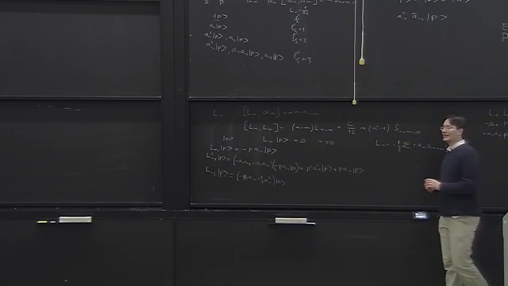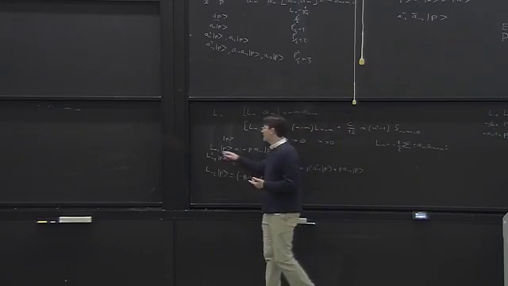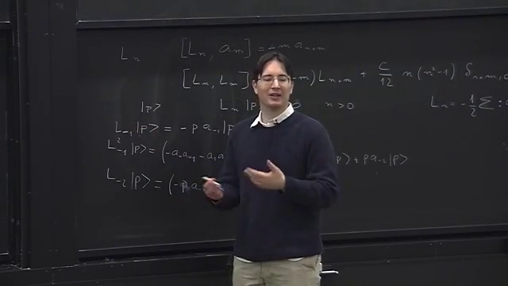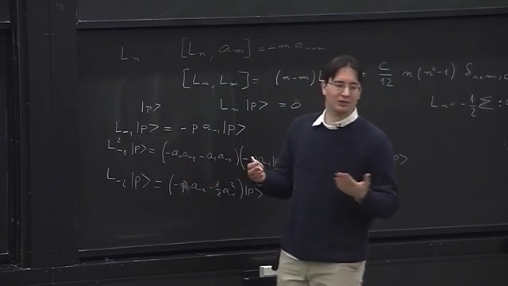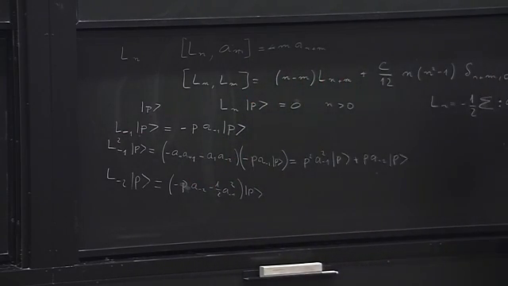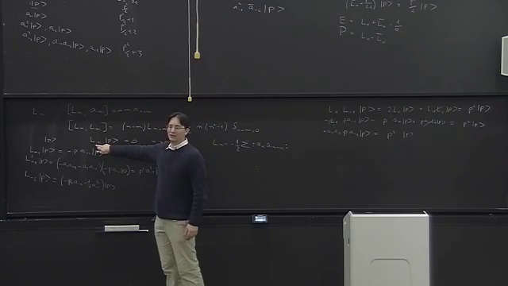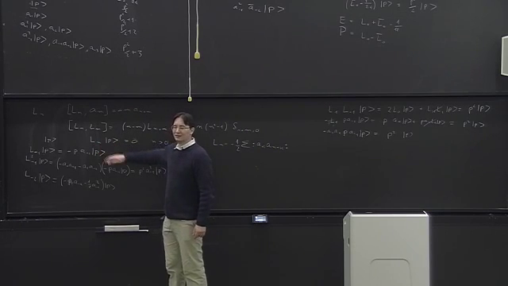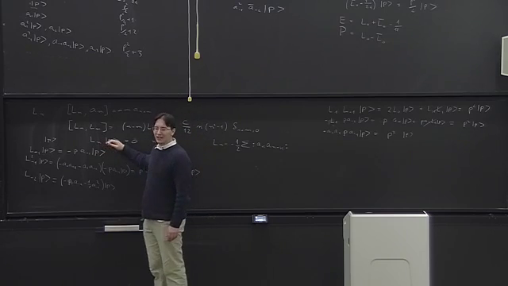So now the states of a theory which cannot be obtained by acting with L's on something else are called primaries. In general, whenever you have a Virasoro algebra, you call primaries or highest weight vectors the ones which are annihilated by all the positive L's.